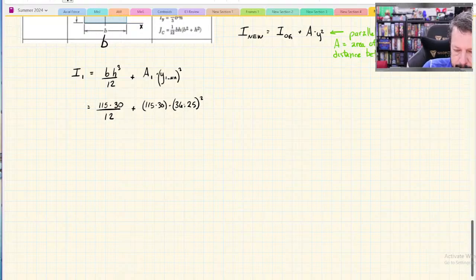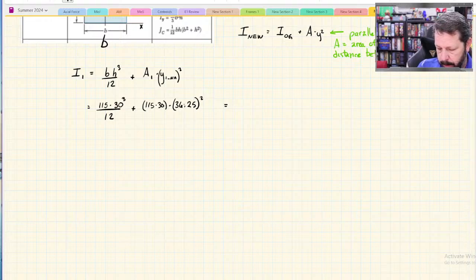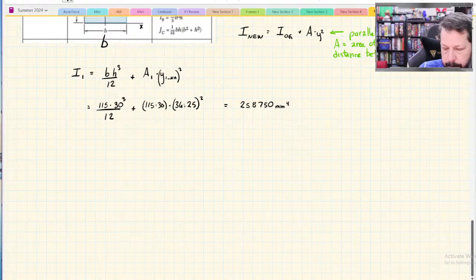So if I plug that in, I will get numbers. Oh wait, this bh cubed, that 30 in the first part, that h is cubed. So 30 cubed times 115 divided by 12 is 258,750 millimeters to the fourth, plus 115 times 30 times 36.25 squared.